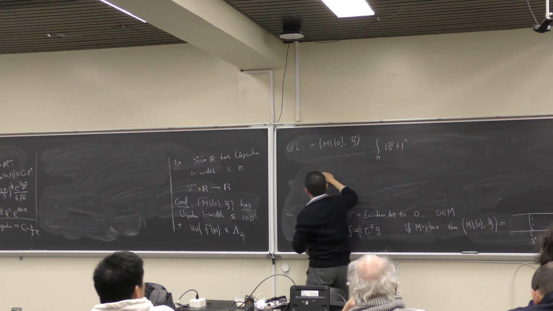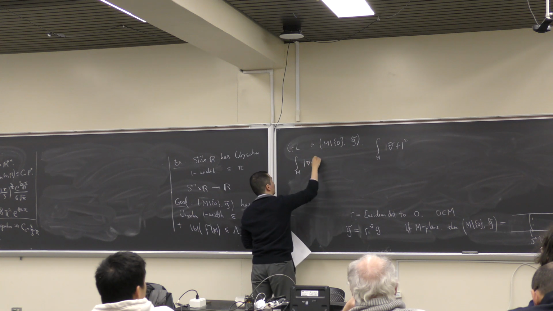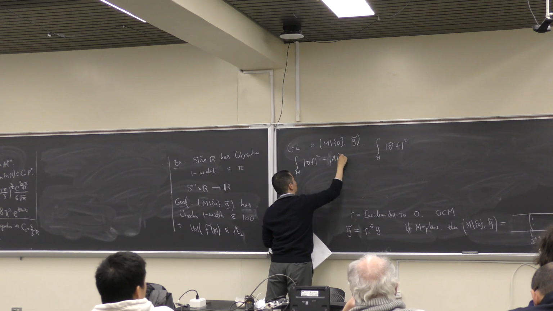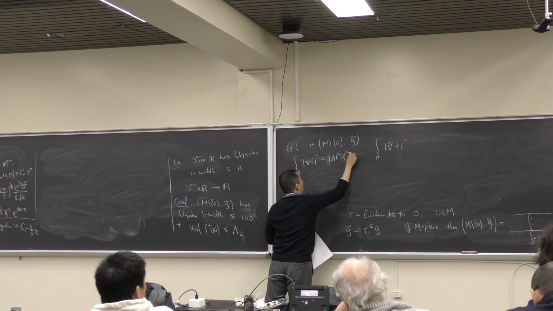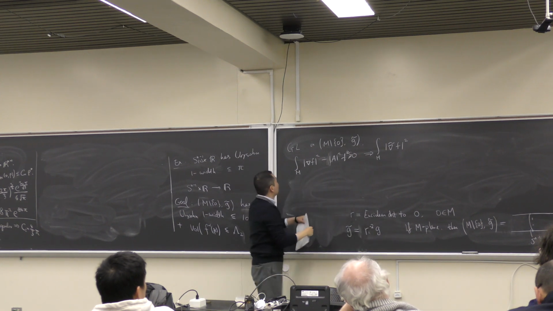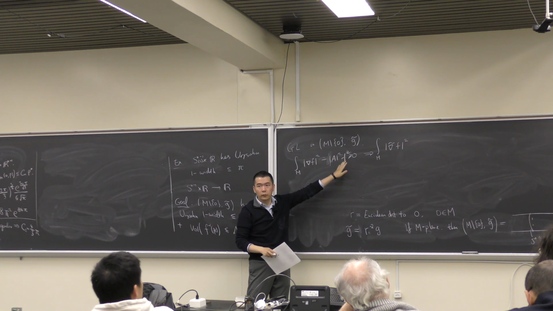So remember the stability inequality in the original metric reads this, right? The gradient of f squared minus curvature squared times f squared is non-negative. This is true for every f.